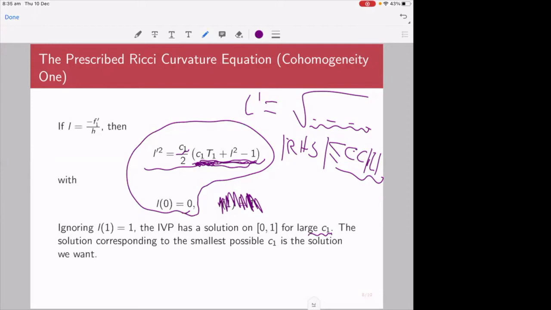What's going to happen at that final solution? Well, at that final solution, the only problems that arise are when what's inside the square root happens to be 0. As you lower C1 to this final solution, you're going to end up with a solution to this equation such that this term here actually equals 0 at some point.